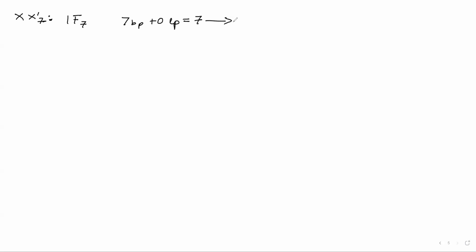Now for 7, you will have here pentagonal bipyramidal. So what? Pentagonal bipyramidal. So you will have iodine, and around this iodine you will have 5 fluorines like this.